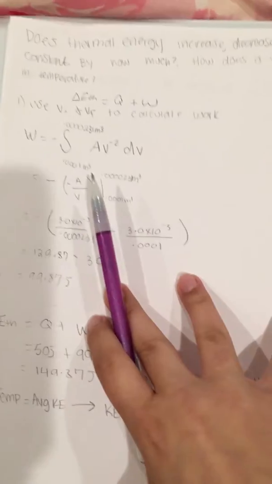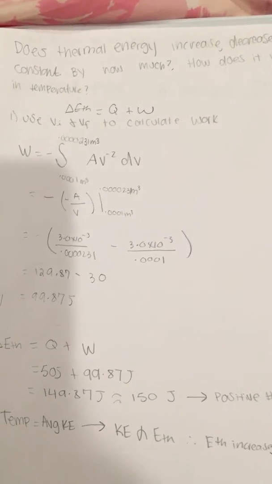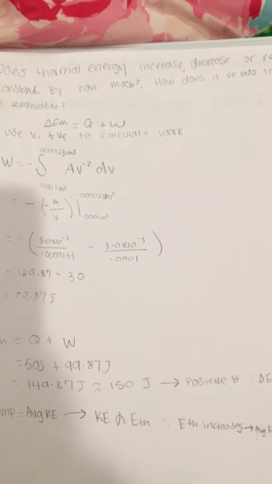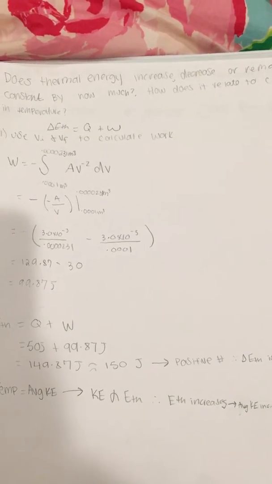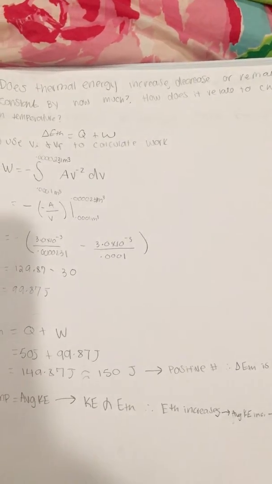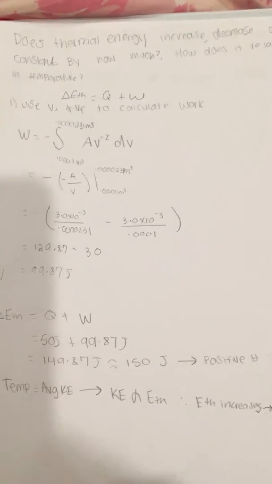So our final two questions ask us to use our answer from part 1 and try to explain and see how it relates to different things. So we want to see, does the thermal energy increase, decrease, or remain constant, and by how much?